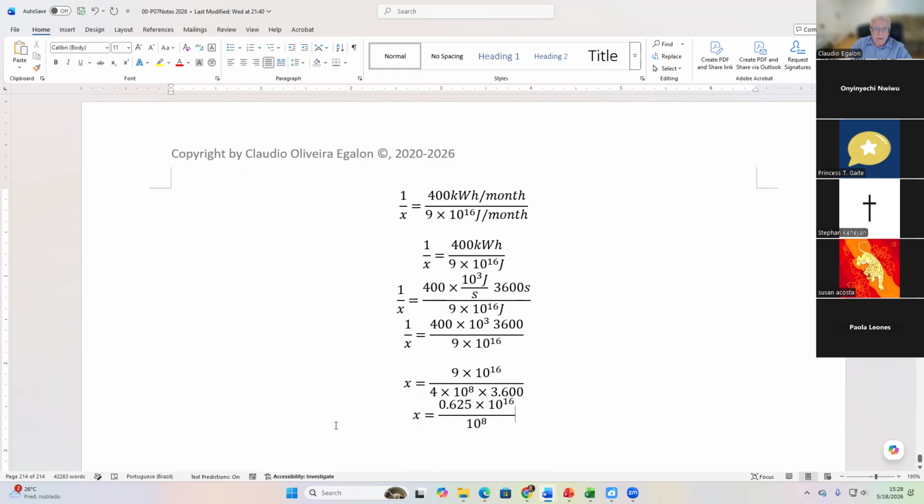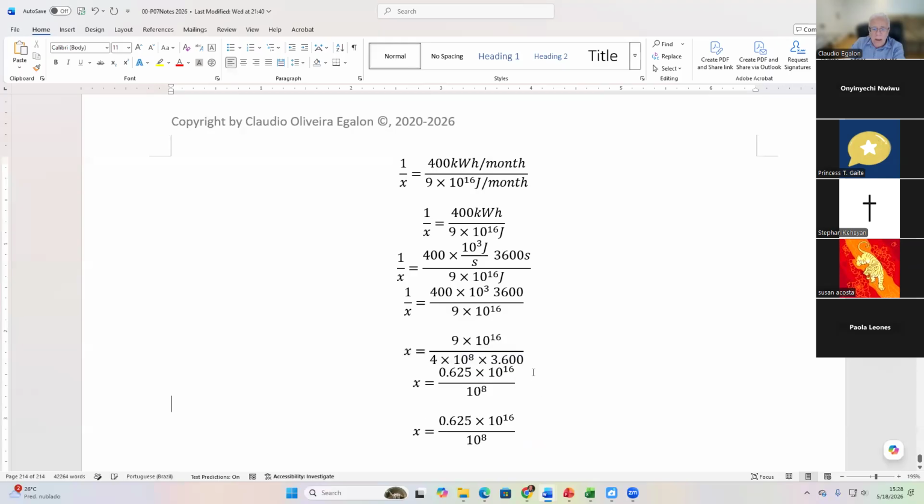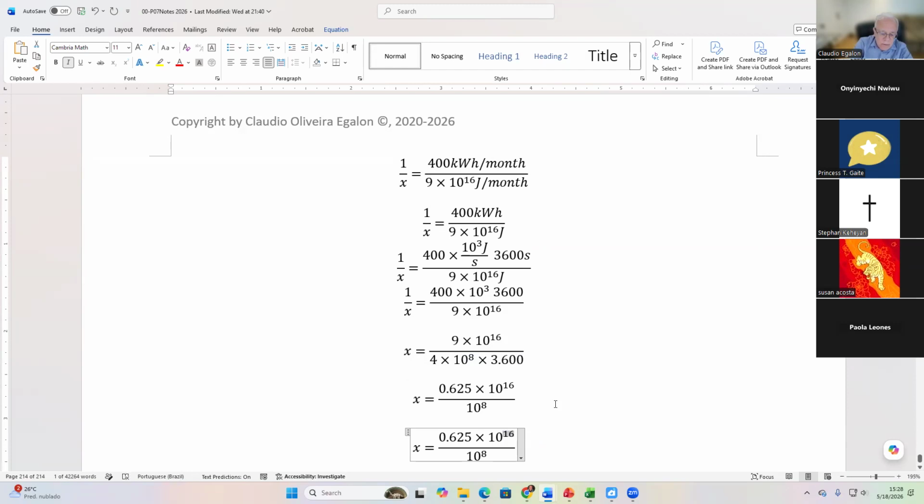Those powers are going to cancel out, right? And we still get lots of houses. 10 to the 16 becomes 10 to the 8. So we are talking about millions of houses: 0.625 times 10 to the 8, which is 62 million and 500,000 houses.